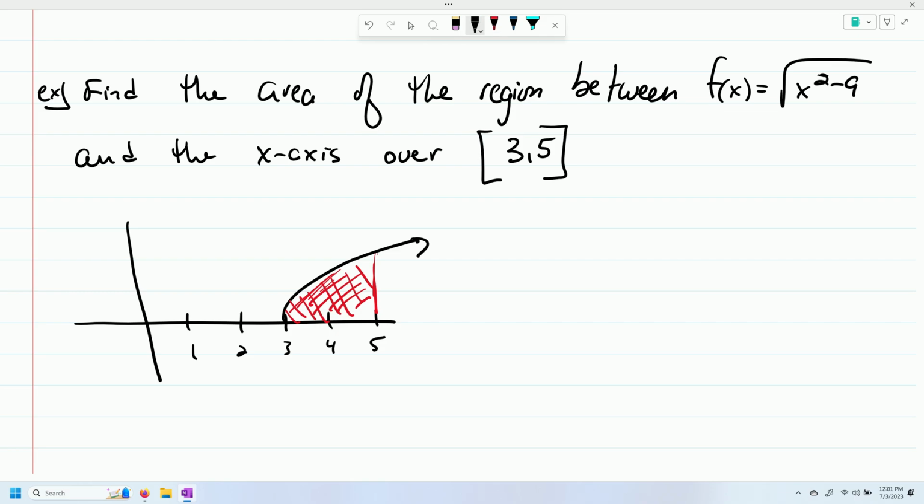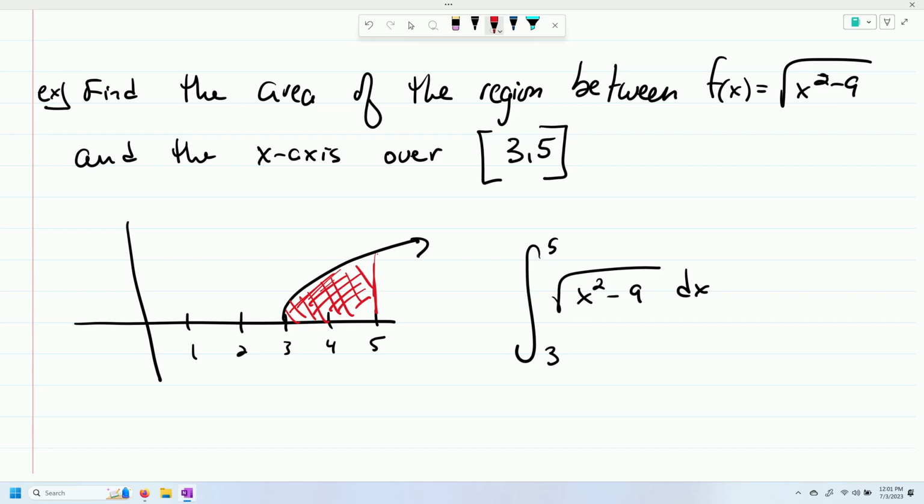Not too bad. So our integral is kind of straightforward. It's going to be the integral from 3 to 5 of the square root of x squared minus 9 dx. Now the big question becomes, how do we make all these substitutions? Let me write this a little neater. There we go. I like the way that looks a lot more.